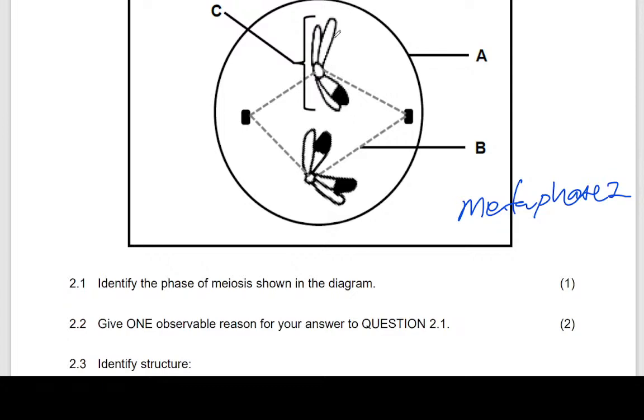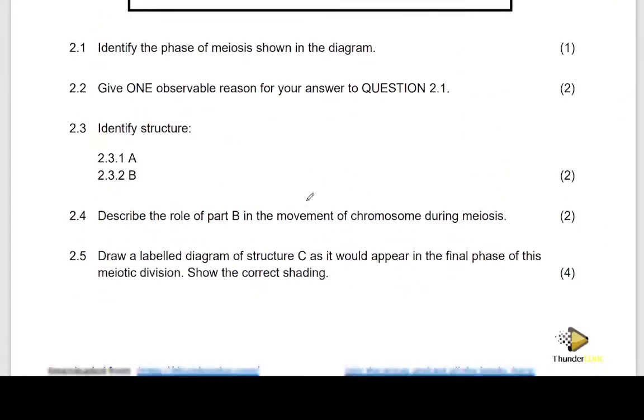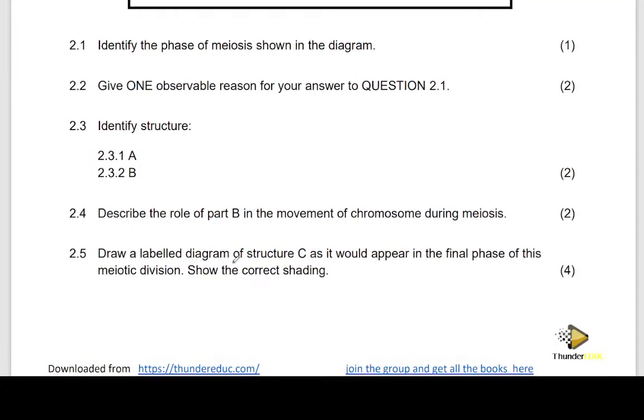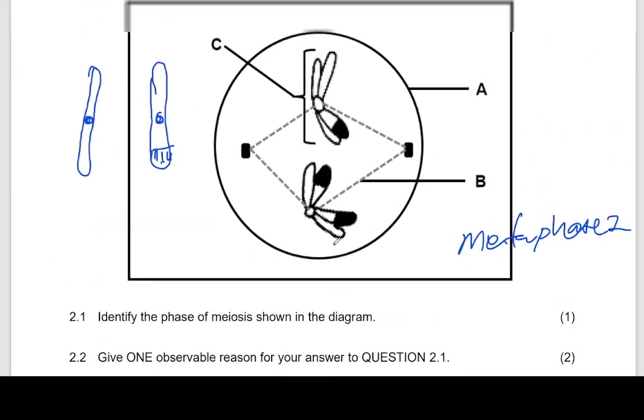If you take this chromatid, it must have this. While if you take this chromatid, it's supposed to have that. But they're saying you're supposed to draw a labeled diagram. How will it appear?